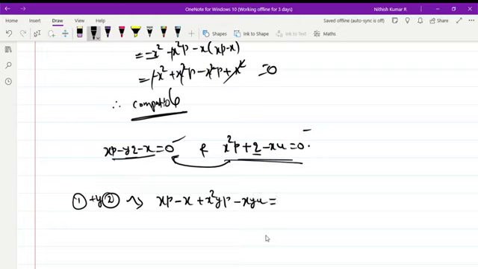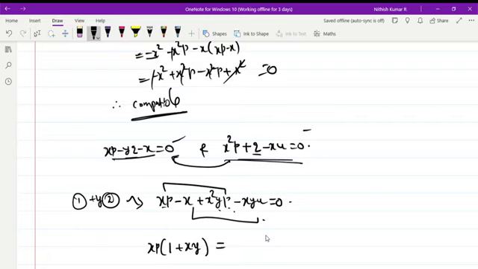We have xp minus yq minus x equal to 0 and x square p plus q minus xu equal to 0. This is equation 1 and this is equation 2.